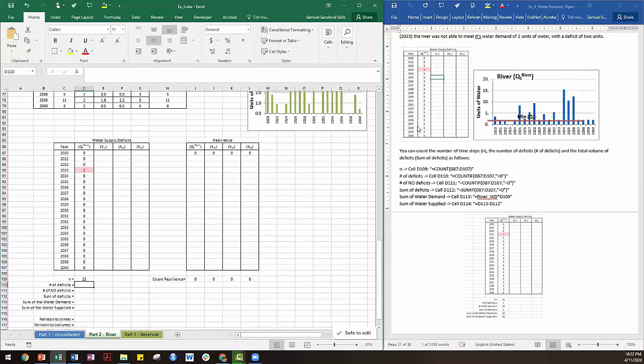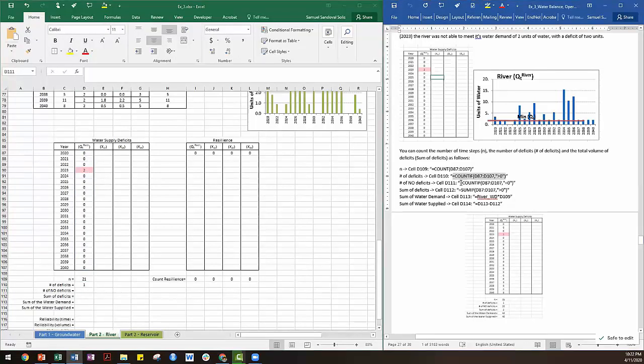So that's the number of years. Then the next one we want to estimate is the number of deficits. We know that there is only one deficit in there. Basically what we're saying is that in this vector, in this group of cells, how many are greater than 0. And it's just 1, and we can see it in here.